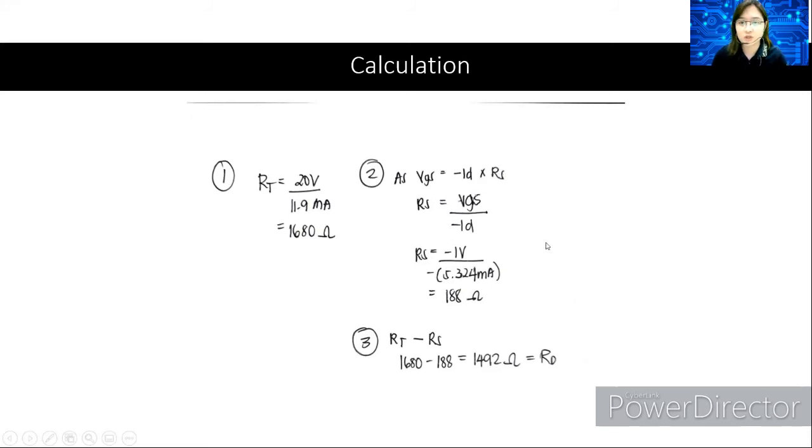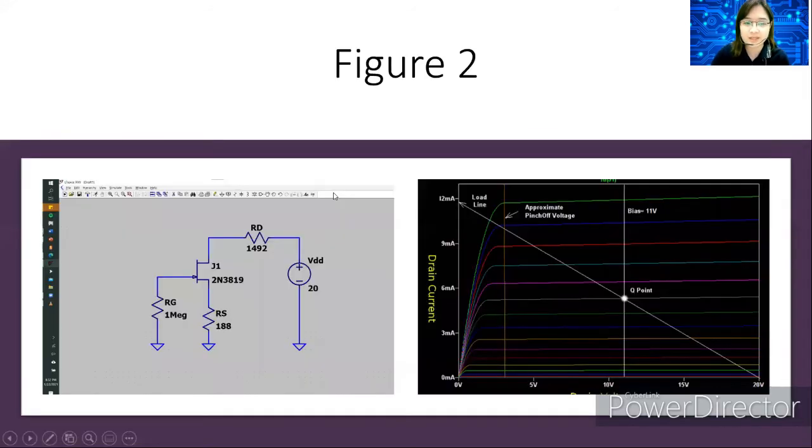Rearranging the equation and substituting values of -1 volt over negative 5.324 milliamperes, we will have 188 ohms. Then calculating the difference of RT and RS, 1,680 minus 188, the remaining 1,492 ohms will be used as the drain resistor, as seen in the circuit.